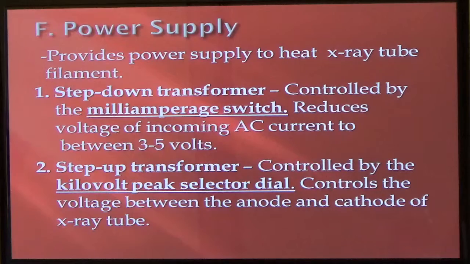So from the wall to the machine is the milliamps. In the machine itself is the kilovolts, and we'll talk about those later on. They're preset. You don't have to worry too much about them. They're either 60 or 80 kilovolts is what we have here. So they're just set.